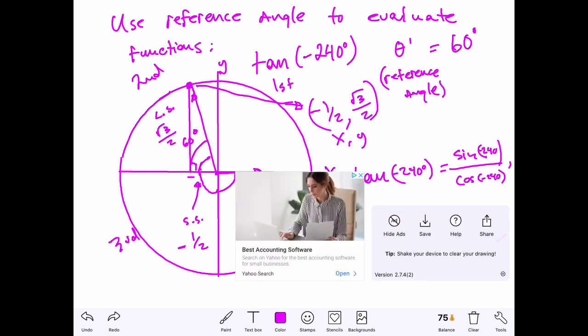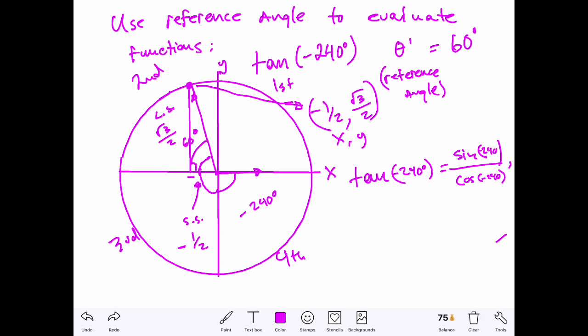Okay. So the tangent, negative 240. Well, sine, we said, corresponded to y. And cosine, we said, corresponded to x. Well, what's my y value of this? Well, I just said it. Root 3 over 2. Okay.